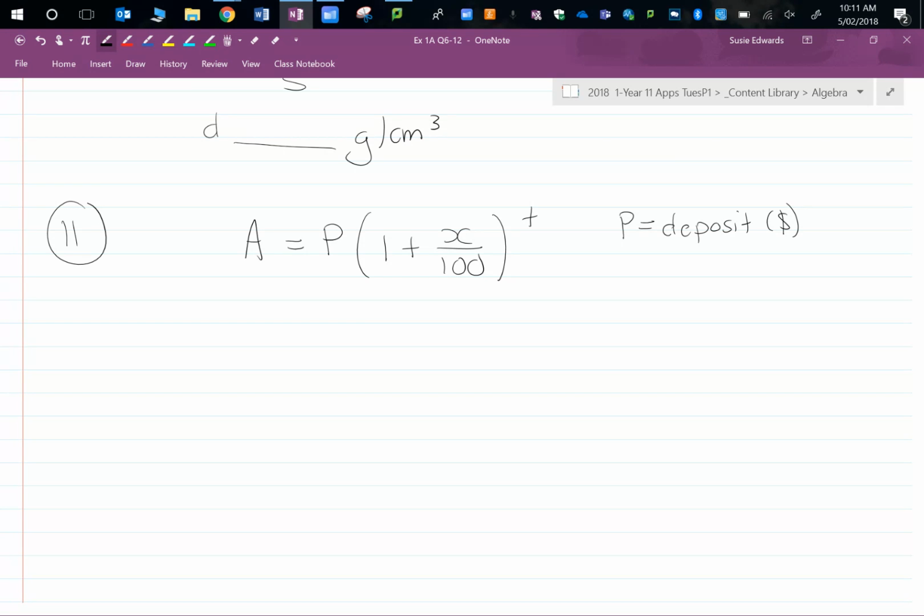That earns interest at X% per annum. So what's X represent? The percentage of interest. What's interest mean? So if you give money to the bank and you put money there to sit there, the bank gives you interest. It gives you extra money. It's like them saying, thank you.